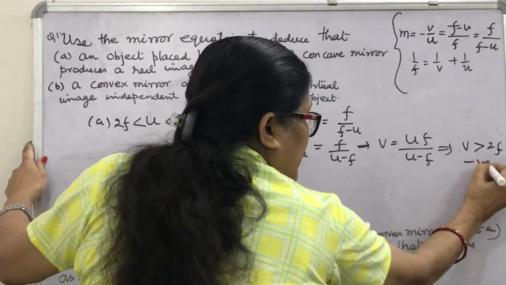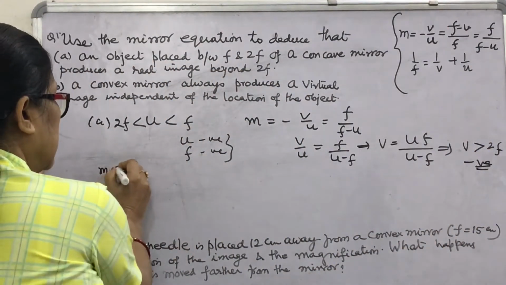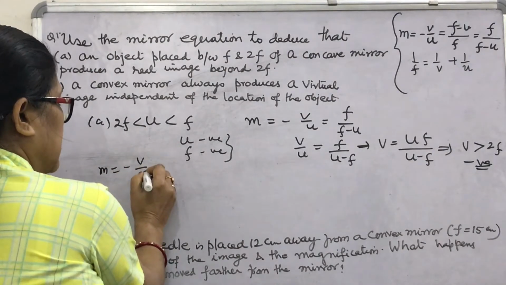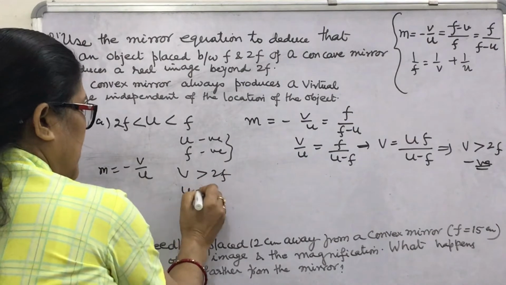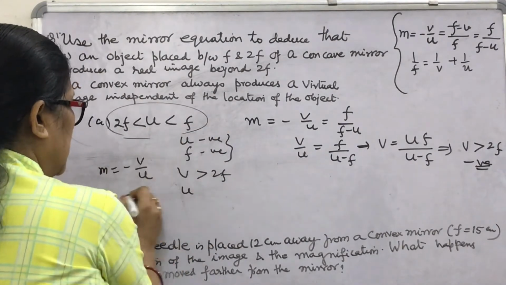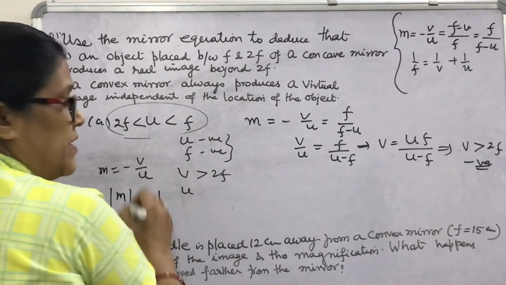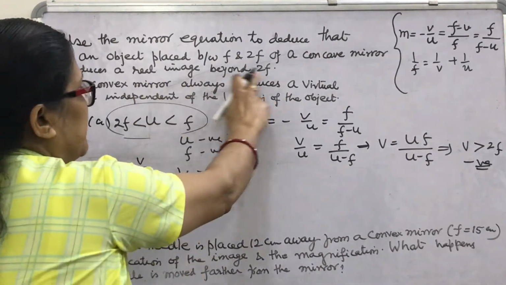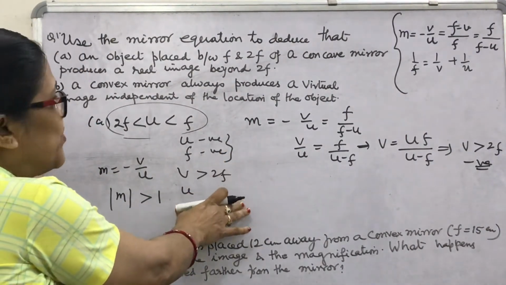So V will be negative and greater than 2F. Now M can be written as minus V by U, with V greater than 2F and U in between these values. So the magnitude of M will be greater than 1, which is what you had to prove. So in this way you have proved it.